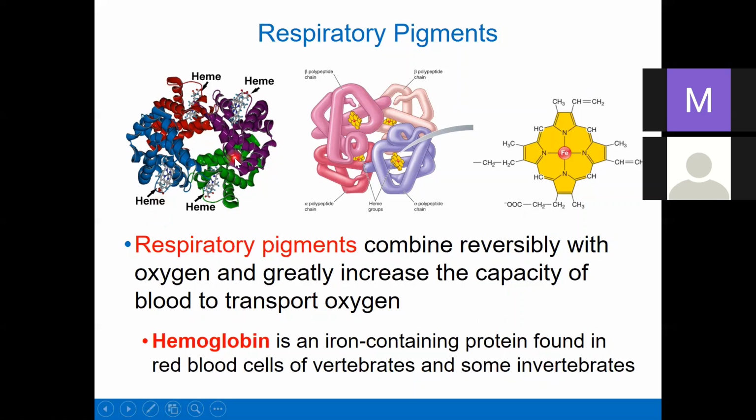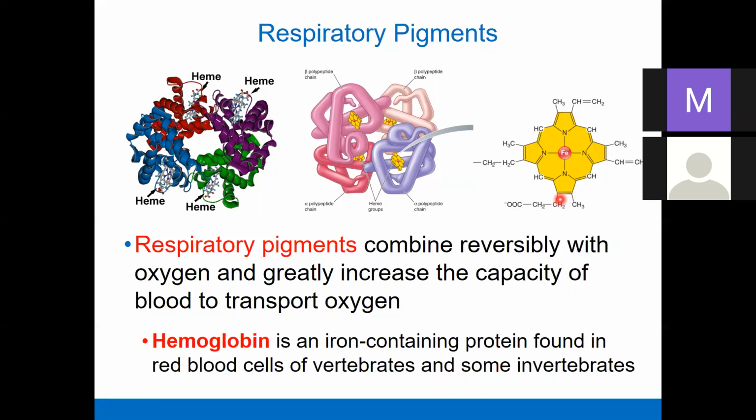In each hemoglobin molecule we have 4 heme and 4 iron atoms, and these iron atoms, as you see here, are able to bind oxygen. That means we carry oxygen from the lung to the body cells via hemoglobin. Why do we need hemoglobin?